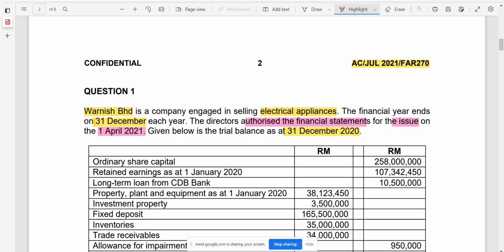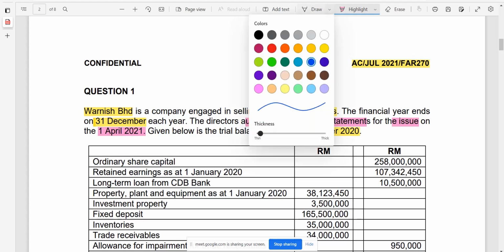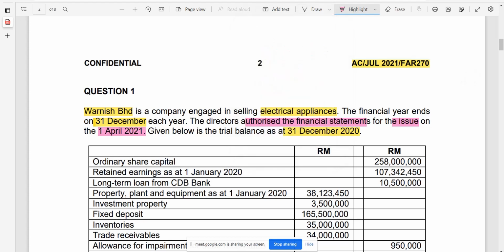So let's do the classification of the financial statement according to the item first. Ordinary share capital will be classified under equity. This is non-current liability. These items are all items of non-current asset, right?